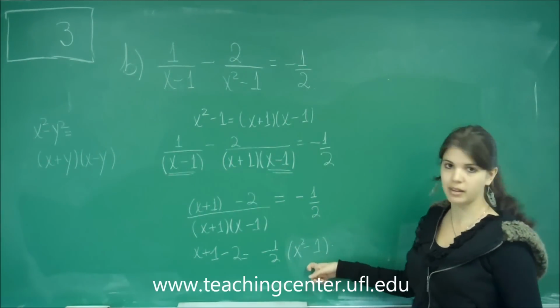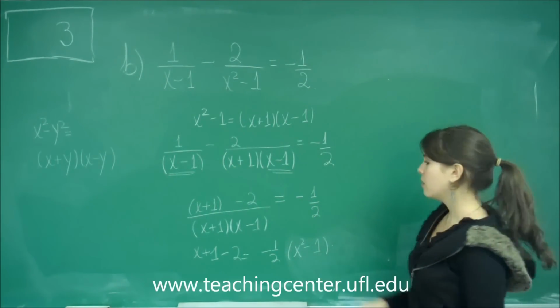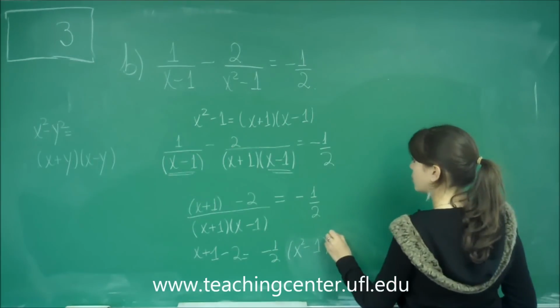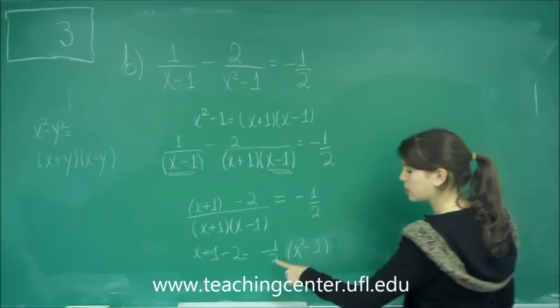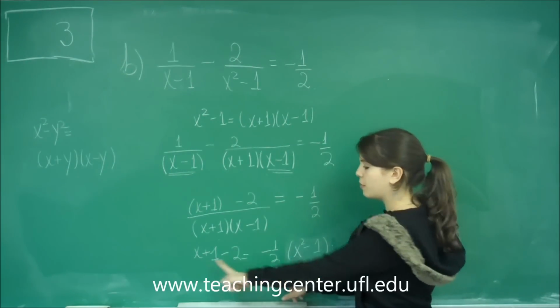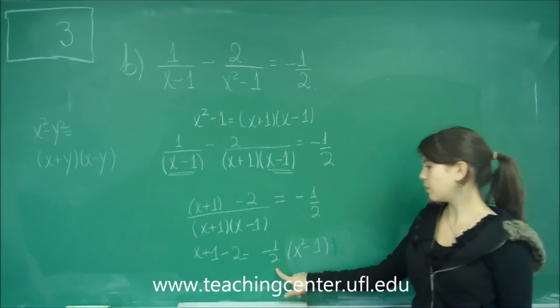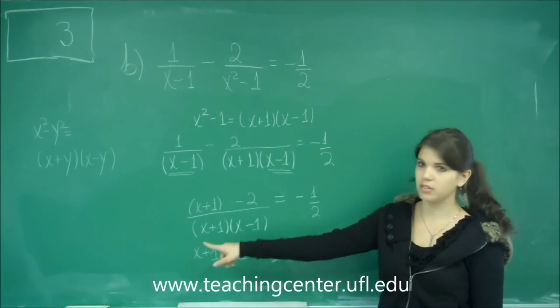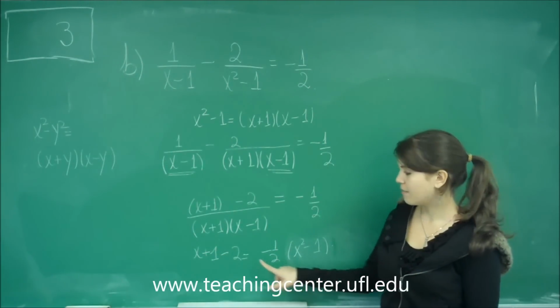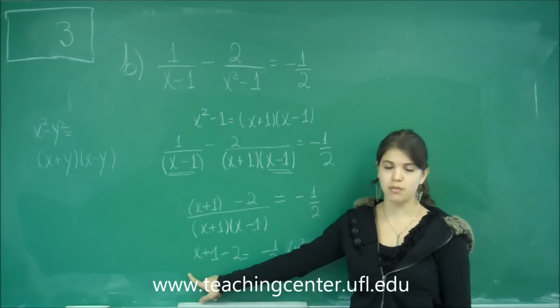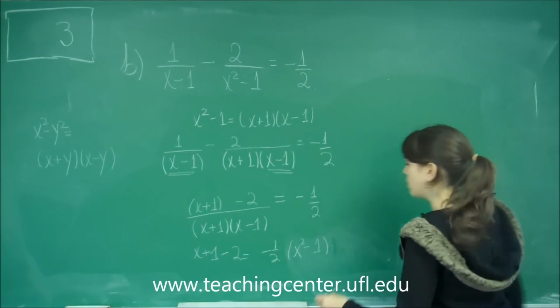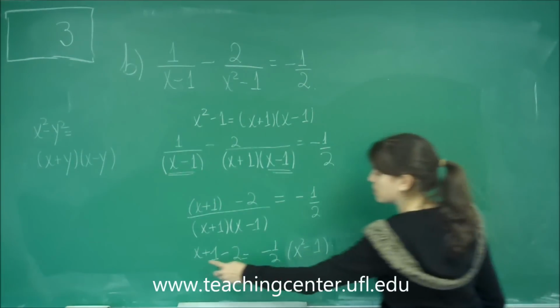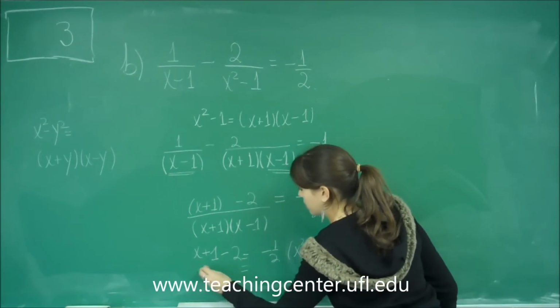Now I can bring it back to x squared minus 1. So now let's multiply this factor negative 1/2 over to the side. That way we won't be dealing with any fractions. If we multiply this over to the other side, it'll have a factor of 2 over there instead of 1/2.